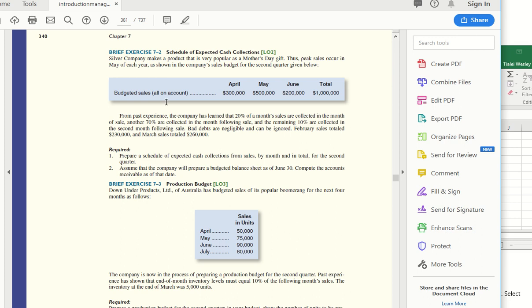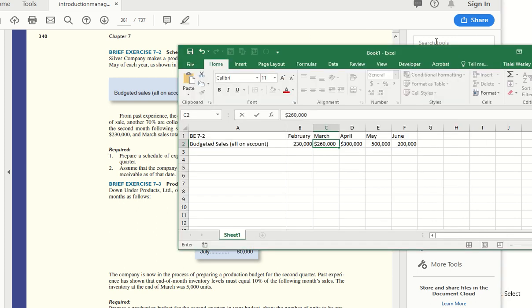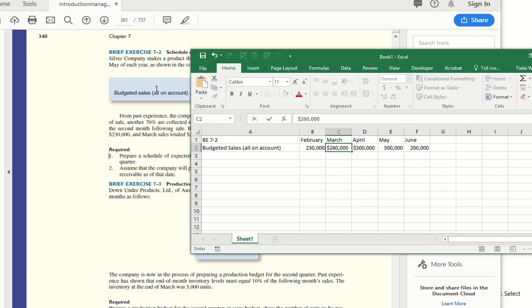So we assume that all of these sales on account will come back to us in the timing suggested here. Just refer to the timing of how they collect the sales and don't worry about writing off any bad debt expense. These customers seem creditworthy, so we don't have to worry about not collecting some of these credit sales.